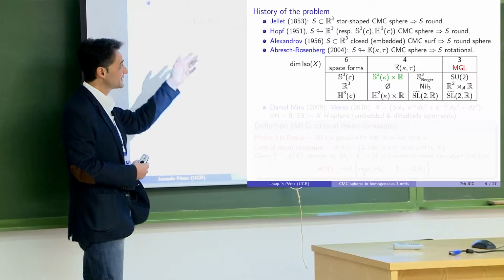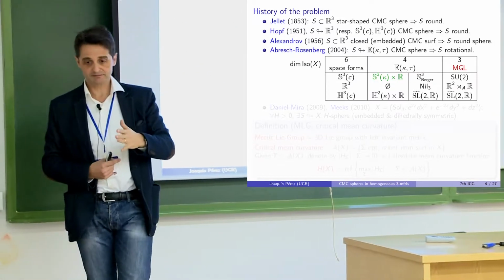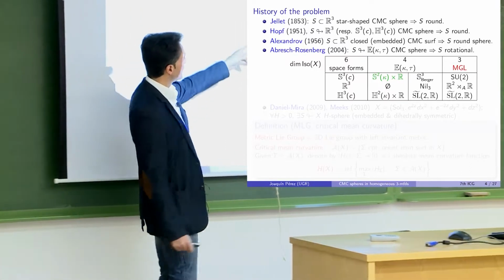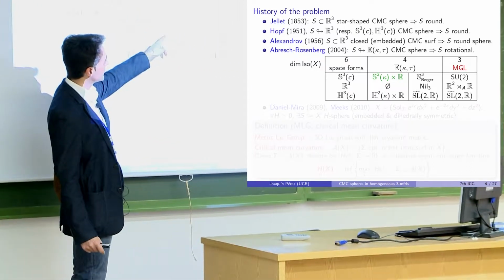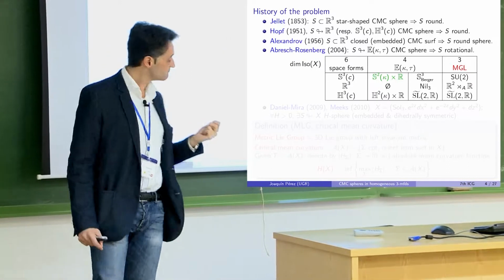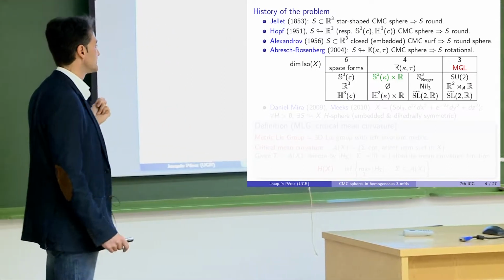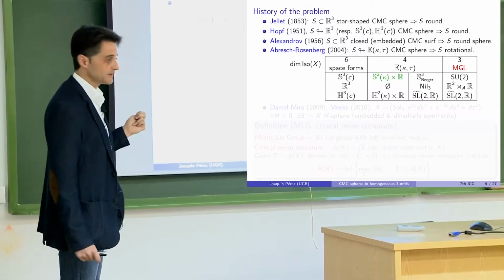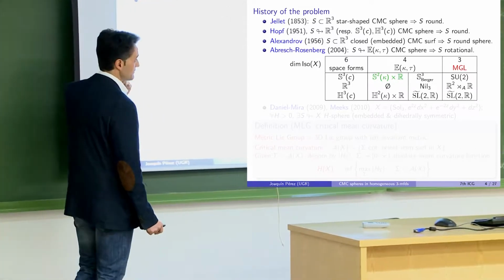Tau equals 0 means that the space is a Riemannian product. So for instance, in the case tau equals 0, you have either the product of the two-sphere of constant curvature kappa with the real line, or of the hyperbolic plane of constant curvature kappa, negative, with the real line.